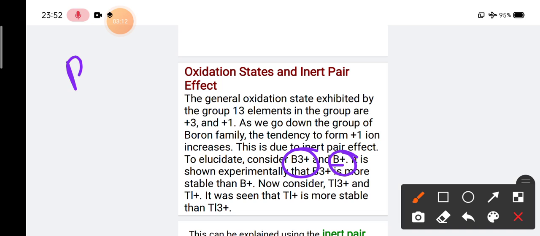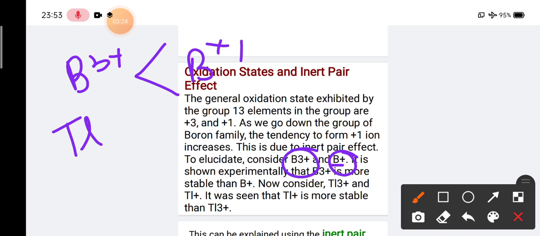In the case of boron, plus 1 oxidation state is less stable than plus 3. But it is not true for thallium. Thallium is quite opposite. In the case of thallium, the plus 3 oxidation state is less stable than the thallium plus 1 oxidation state.